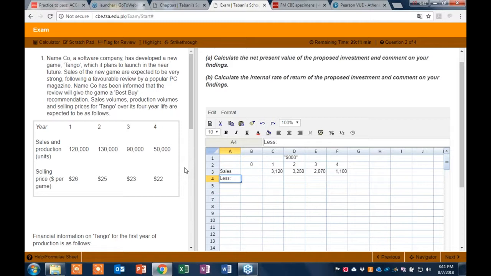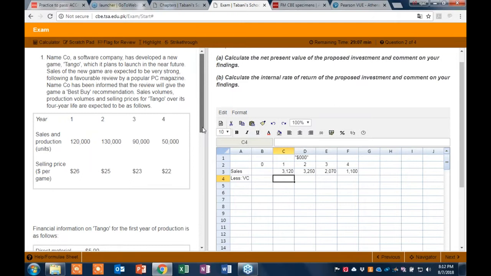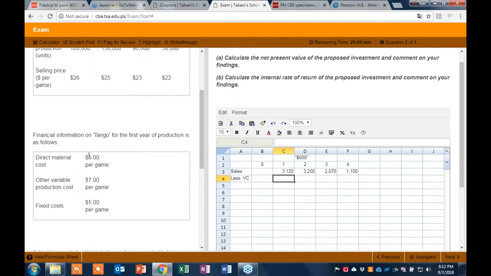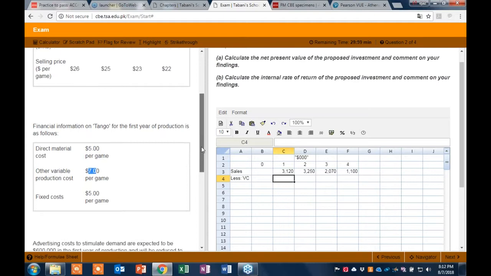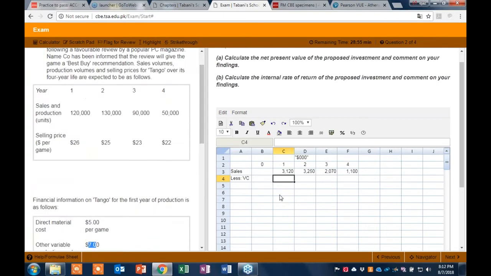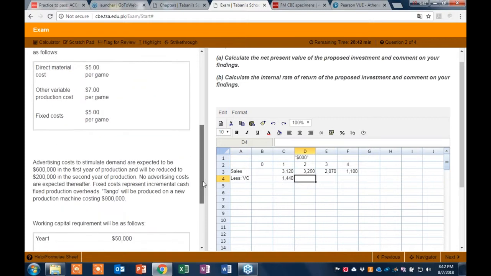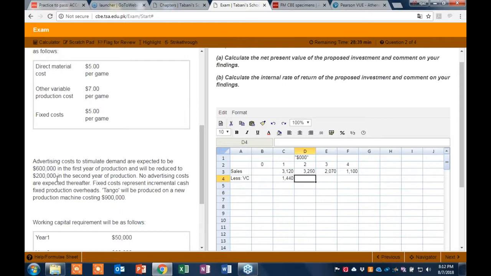Then we should deduct the variable cost, and variable costs are 5, 7, 12. So the total variable cost per unit will be 12. 120, the sales volume in the first year, multiplied with 12 variable cost. This is for the first year. And do we have any change in the variable cost per unit in the subsequent years?